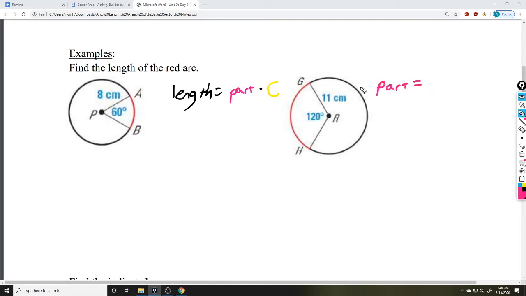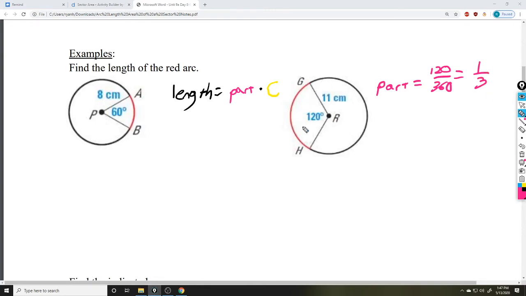And our part here is, well, our central angle here is 120 degrees. So take 120, and we're going to divide it by 360. If you simplify it down, whichever way you want, you can divide by 2 and divide by 3 in different places. You'll see that this reduces to 1/3.